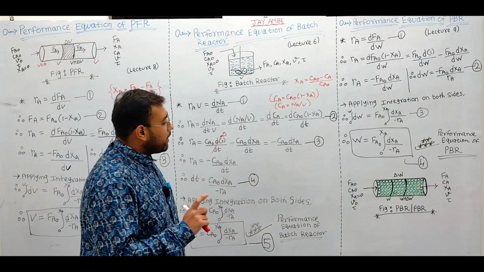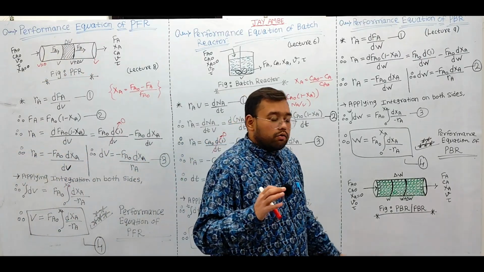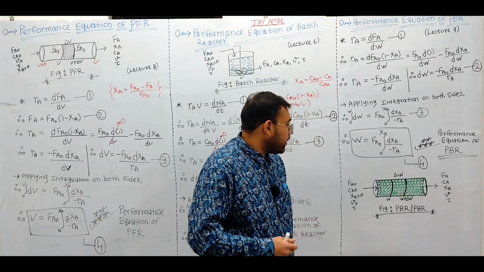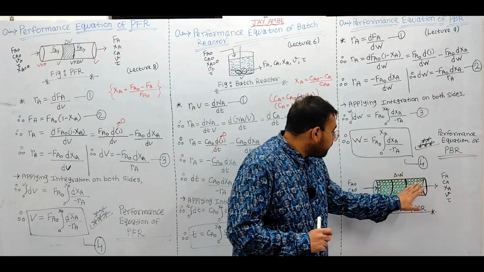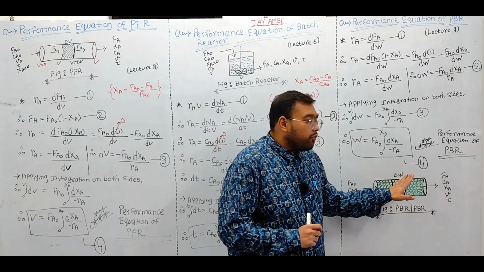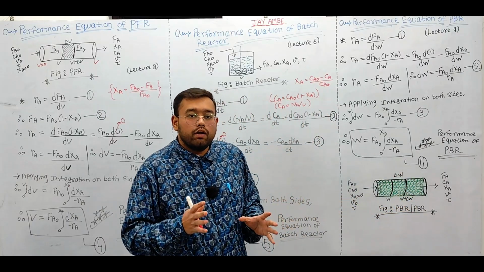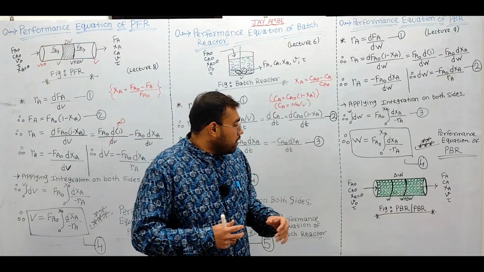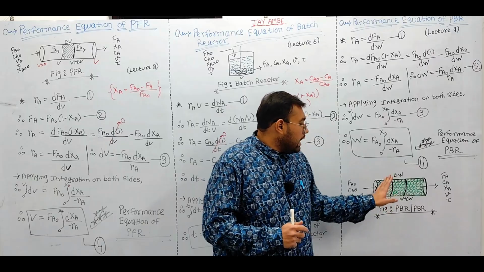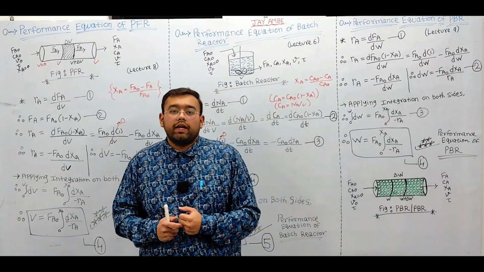And in the case of the packed bed reactor, another name being the fixed bed reactor, the hollow space of the tubular reactor is filled with solid catalyst, right? Solid pellets, the support materials, inner support materials, right? Okay, so due to those reasons, we need to account for the weight of the catalyst, right?